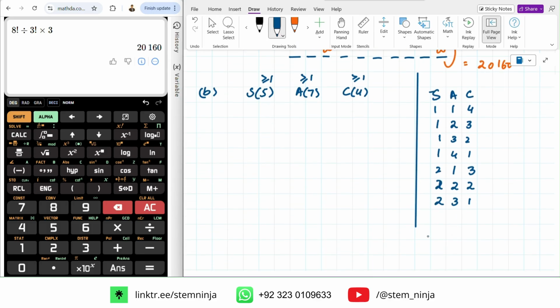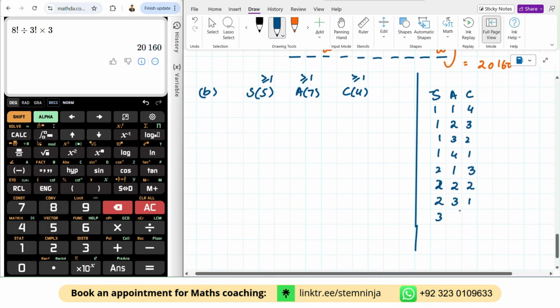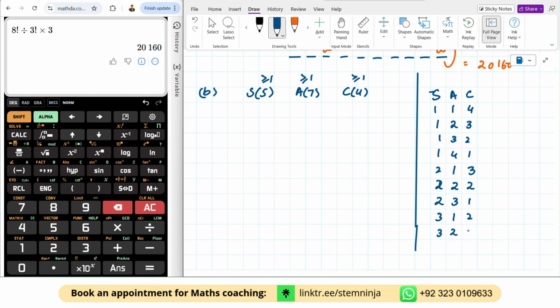And now we increase the swimmers to 3: 3, 1, 2, 3, 2, 1. And we don't need 3, 3, 3 because that would exceed that.